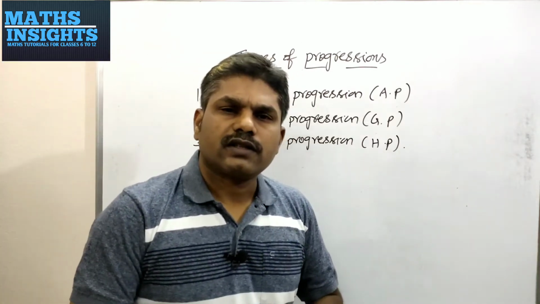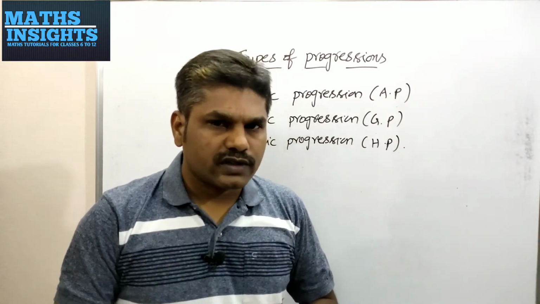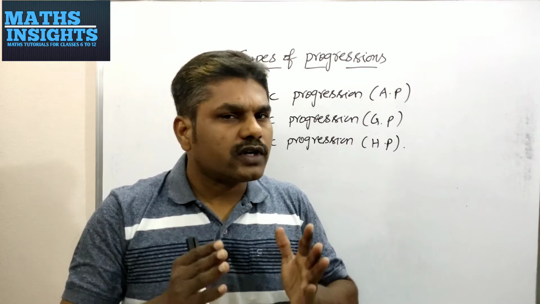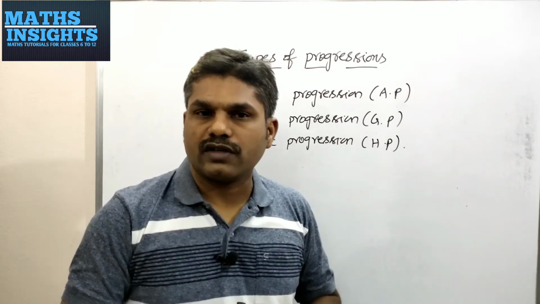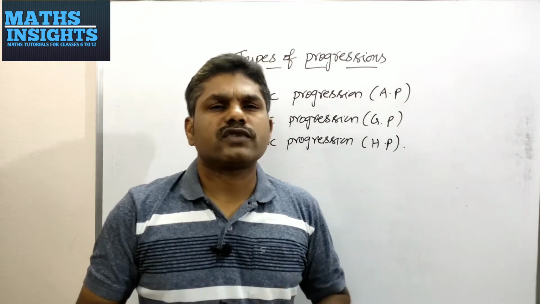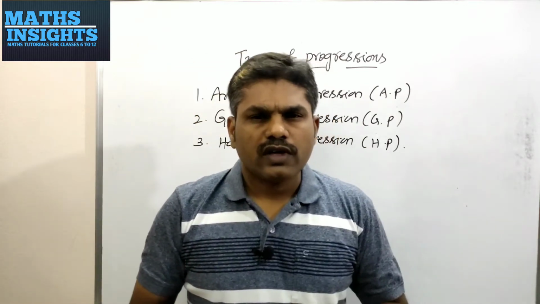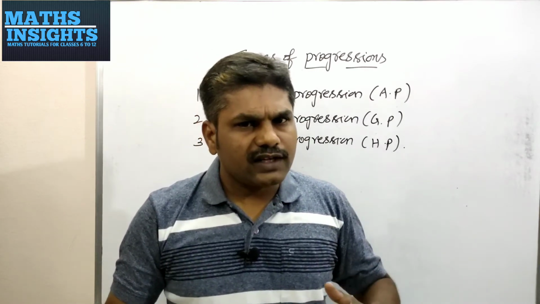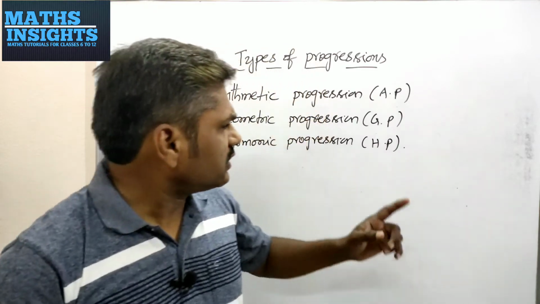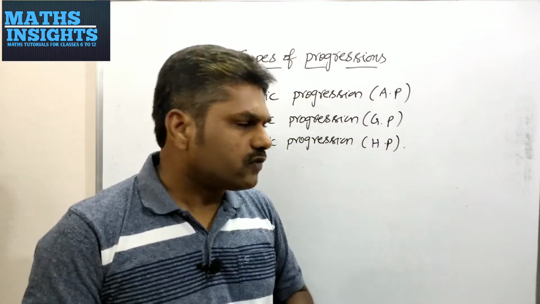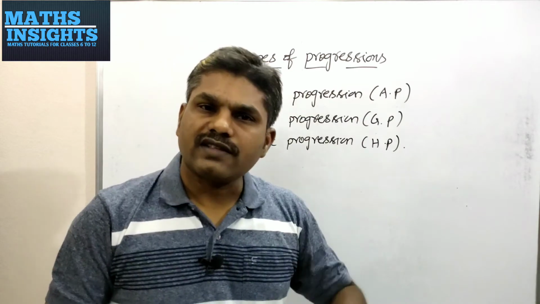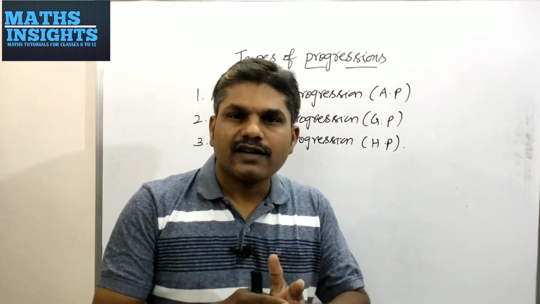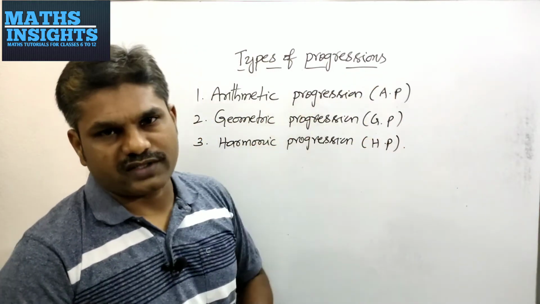We will discuss what is meant by arithmetic progression, what is meant by arithmetic mean, how to find a particular term in an arithmetic progression, and how to find the sum of terms in an arithmetic progression. So this video is exclusively for arithmetic progression. In the coming next 3 videos, I will discuss geometric progression in one video, harmonic progression in the second video, and in the third video, the problems based on all these progressions.